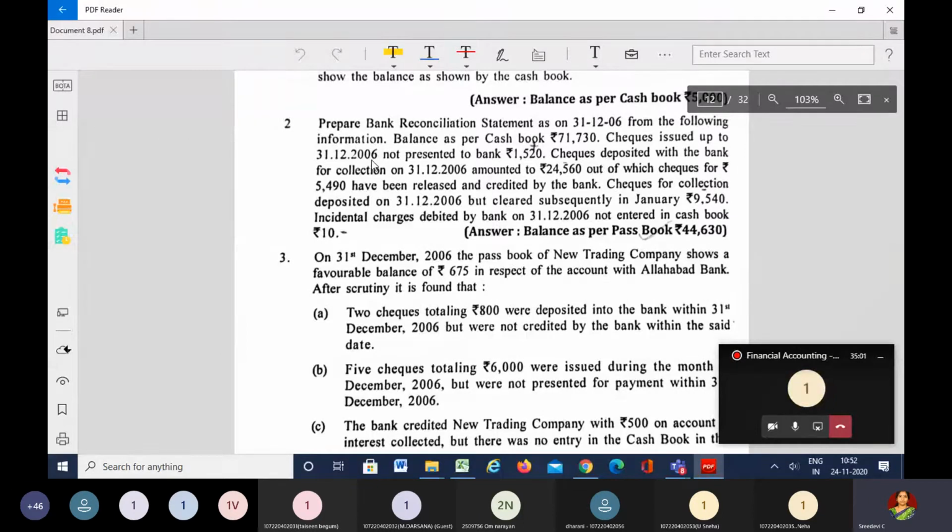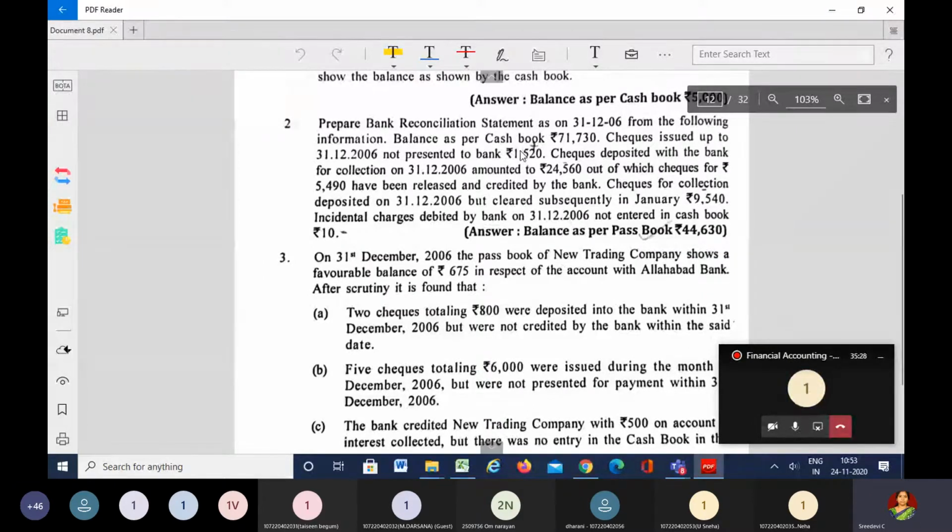But wherein, as on a particular date, whenever you're looking into a given reason, and if it is been recorded in one of the book and not been recorded in the other book, then only the difference of the balances arises. So as here you can see the checks have been issued up to, that means as on 31st of December 2006, the checks are being issued, but it has not been presented for the payment in the bank.